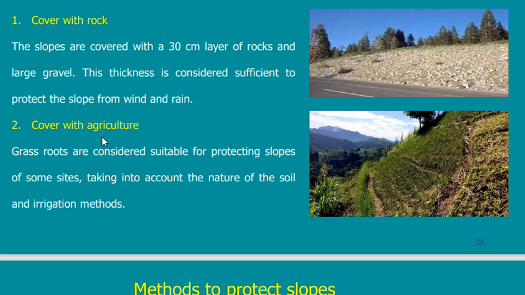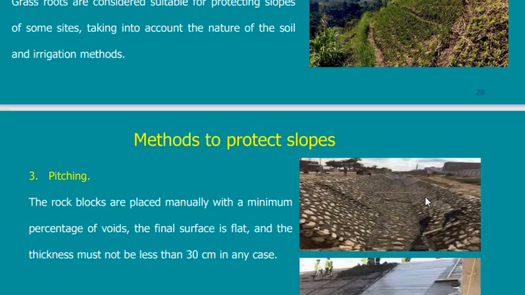I mean, if rain is going down this slope and there are some plants here, it will stay in place. But if rain is coming on this slope and you don't have any plantation, maybe with time the soil will be taken away with the rain.